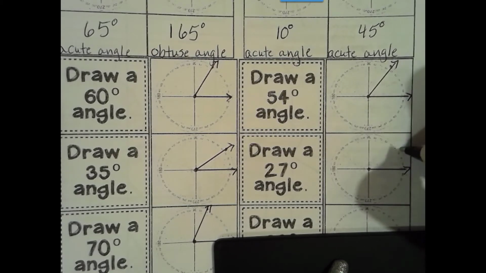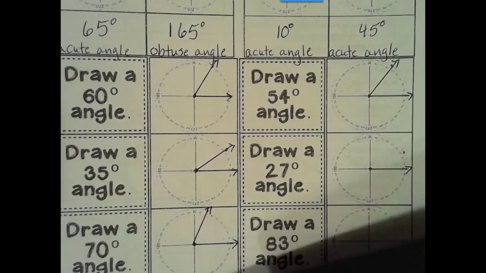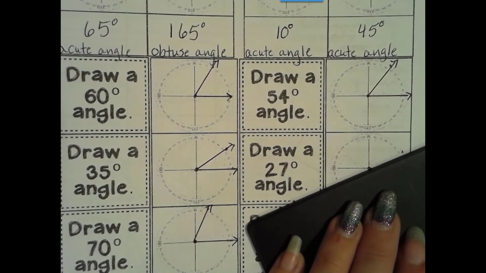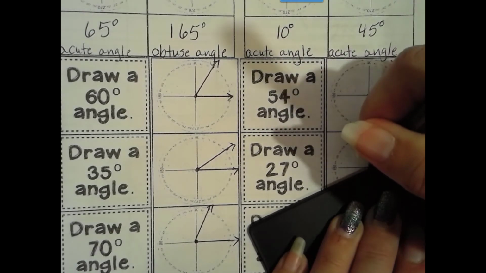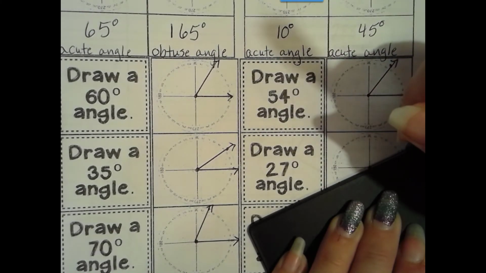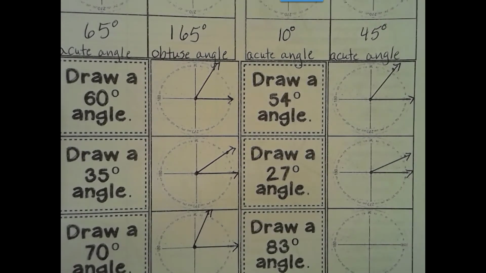And then here's 30. It's going to be a little closer to 30 than it is to 20. If it's not exact, that's okay. This is just practice, learning to use a circle protractor. Actually, all of these are.